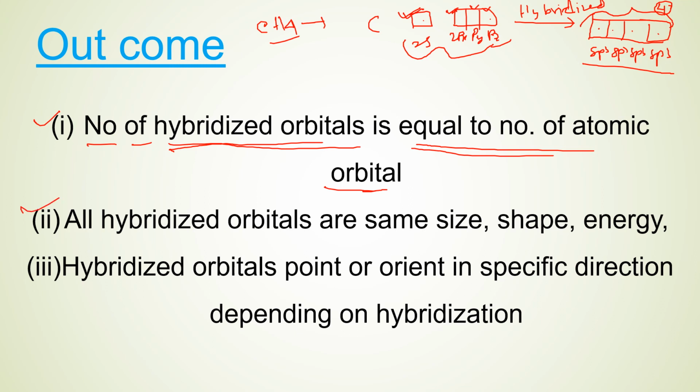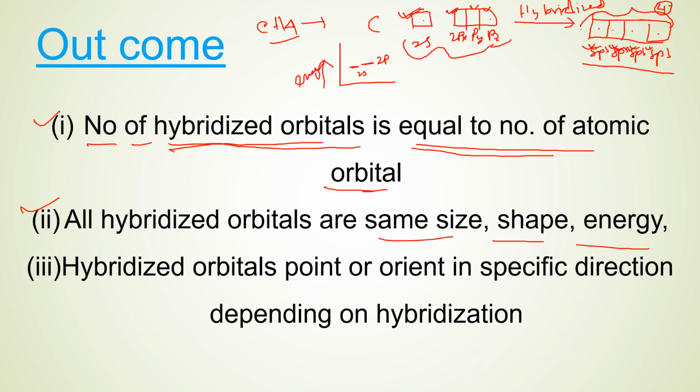All hybridized orbitals are the same size, shape, and energy. So one of the outcomes of the hybridization is that all sp3 hybridized orbitals are degenerate, meaning they have the same level of energy. If this is the energy axis, 2s has a bit lower energy and 2p a little bit higher energy.